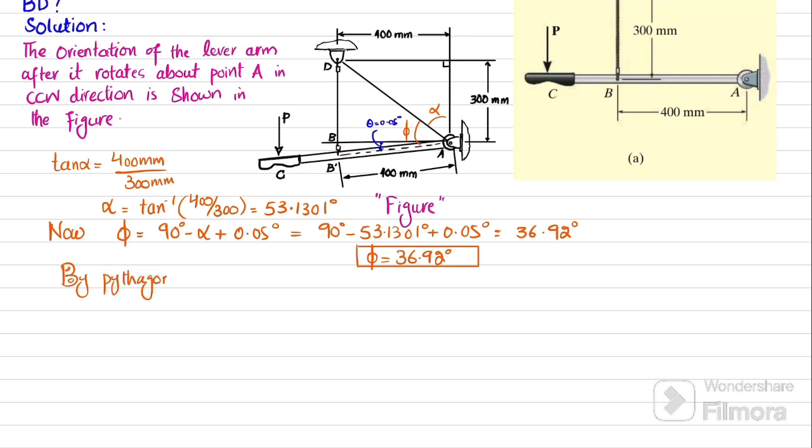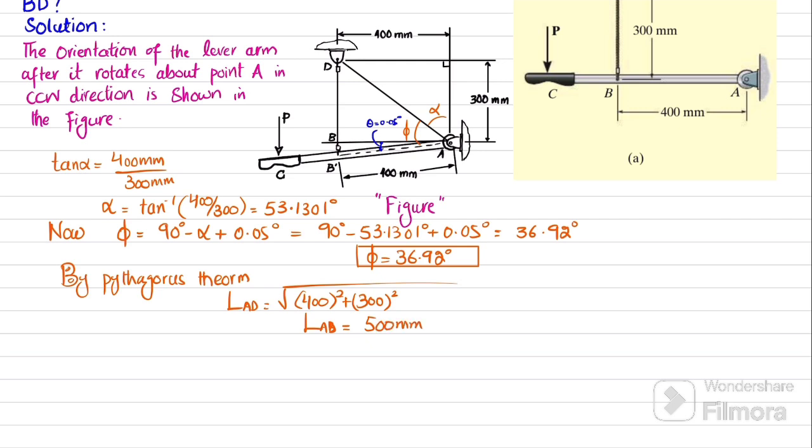Length of AD will be equal to under the root 400 square plus 300 square. And when you solve this, you will get length of AD equal to 500 millimeter.